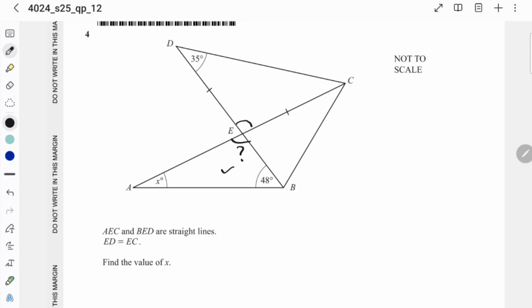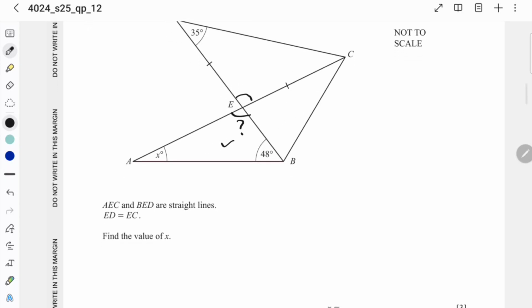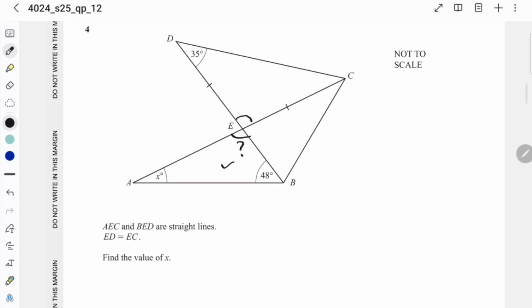That will be helpful for us to find out the value of angle A, which is x over there. So you know that it's an isosceles triangle. So consider triangle DEC, this triangle.